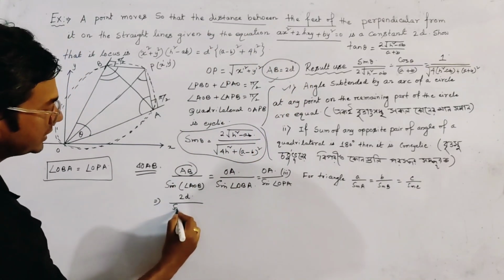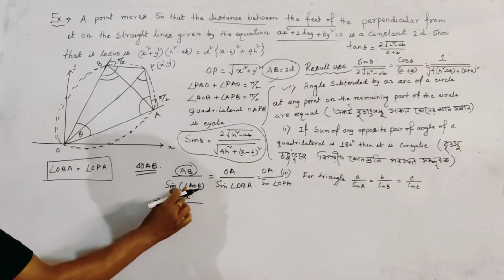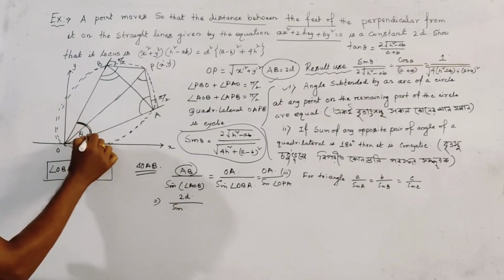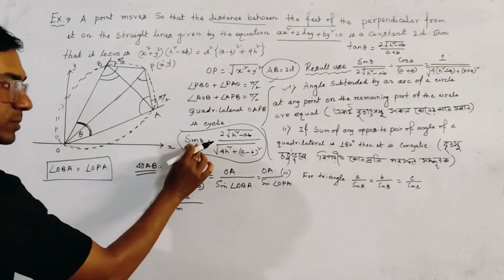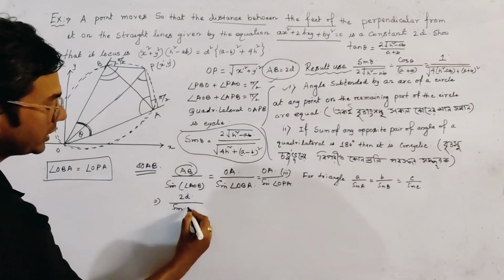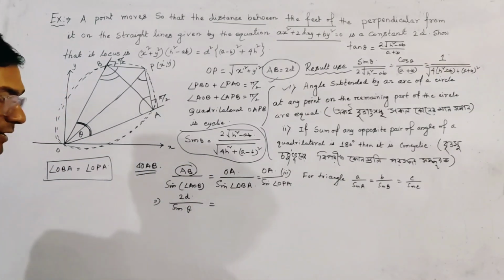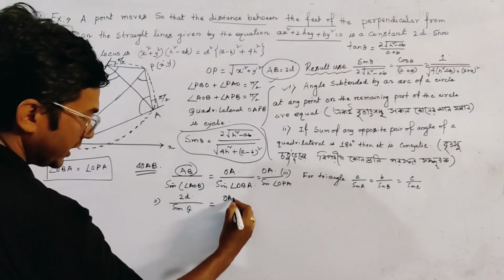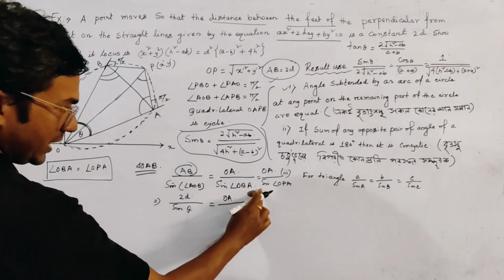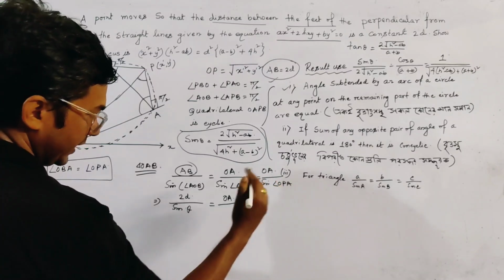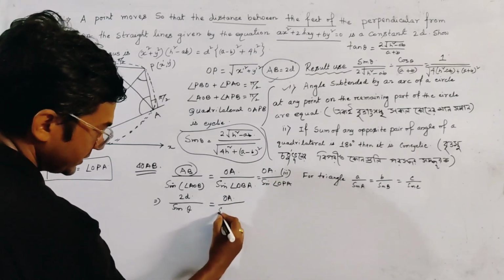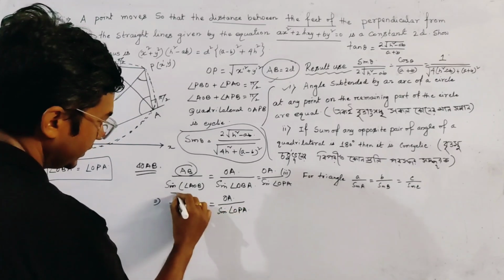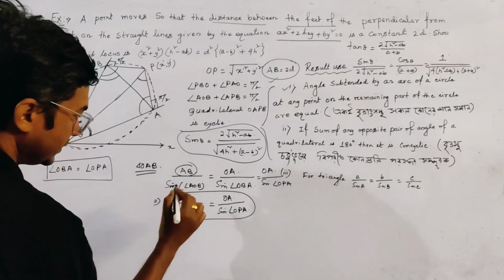And sine, this is angle theta, because we already let this angle be theta, and we also found the value of sine theta here. So we write 2D over sine theta is given by OA by sine angle OPA. Okay, this is an important relation.